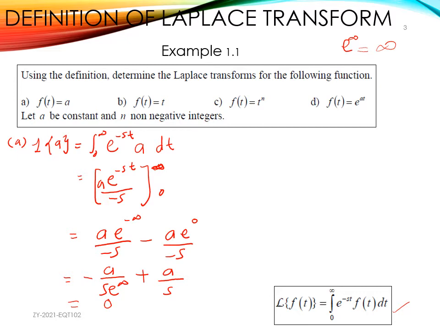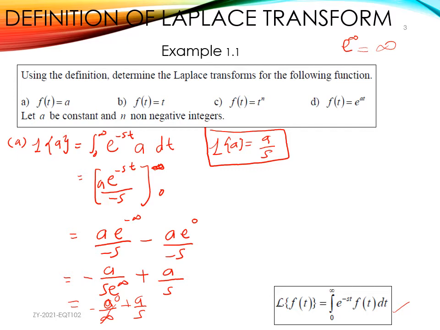Here a divided by infinity will be 0. So the Laplace of a will just be a over s. That's it. This is the Laplace transform of a.